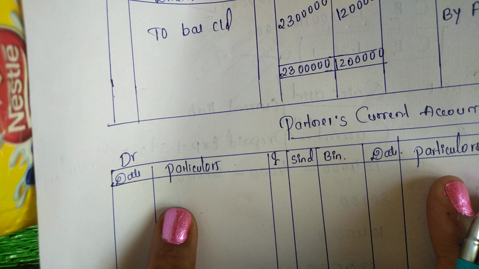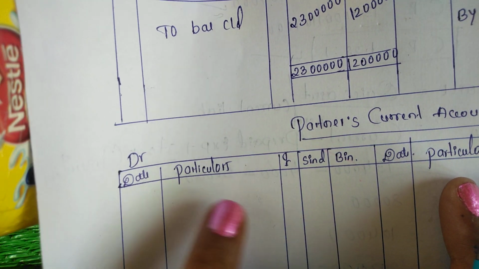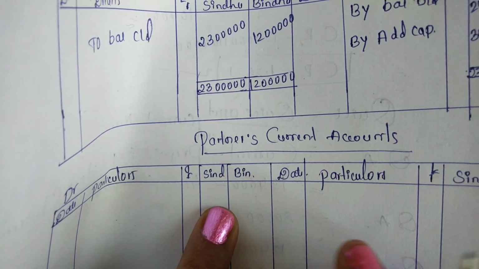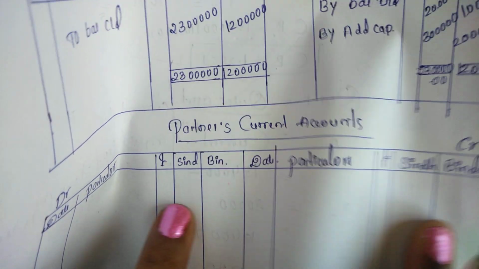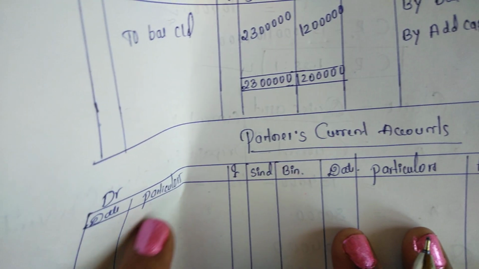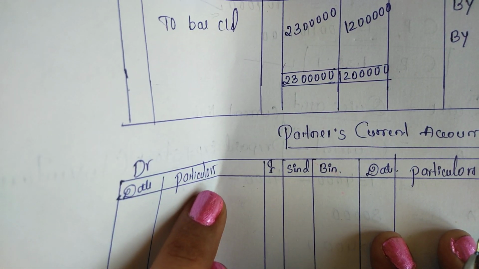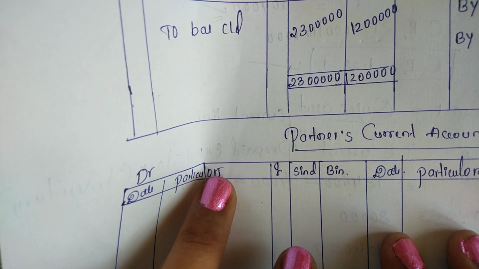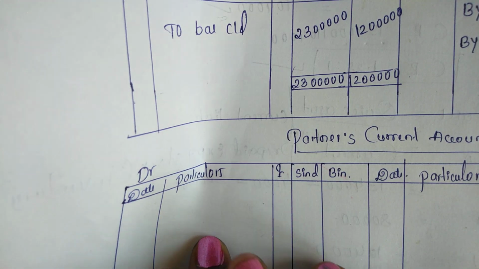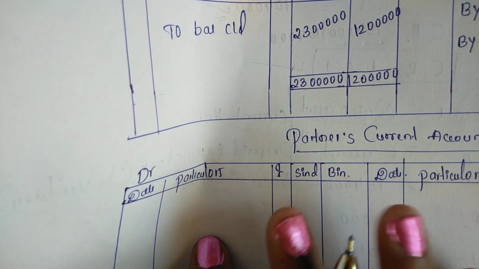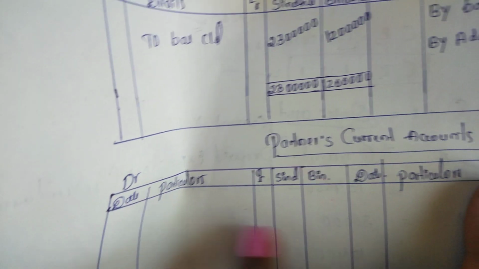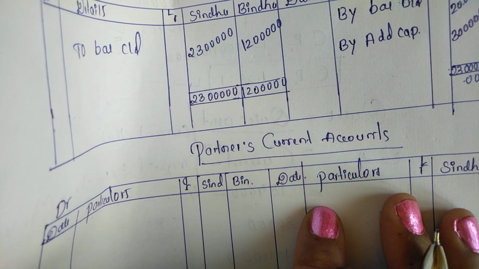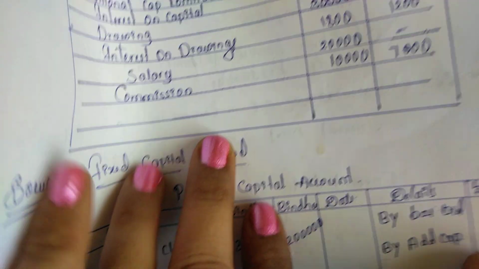The format of a partner's current account is date, particulars, JF, Sindhu, Bindu, and on the other side particulars, LF, Sindhu and Bindu. On the debit side of the partner's current account, only two items come. The first one is the drawings, the next one is the interest on drawings. The other remaining items come on the credit side of the current account. That's why we should enter the other adjustments.